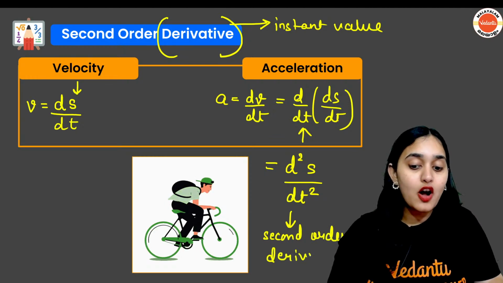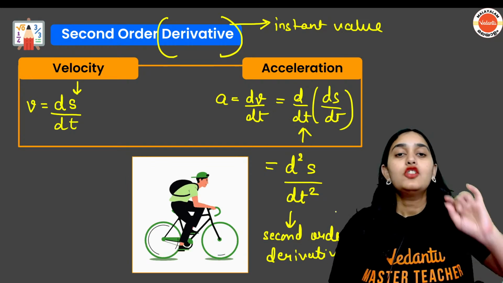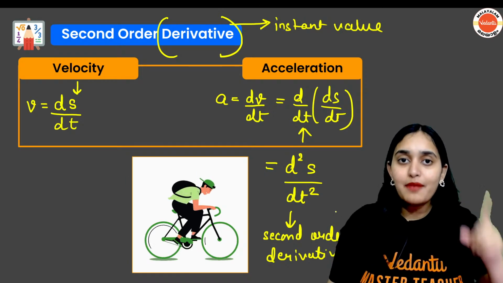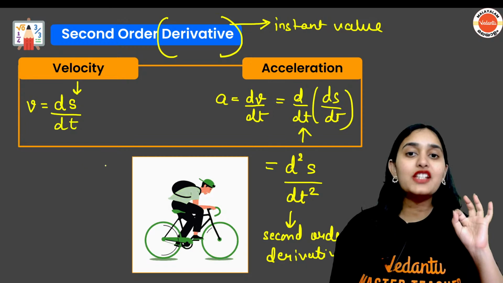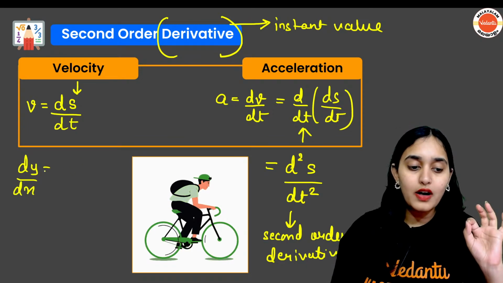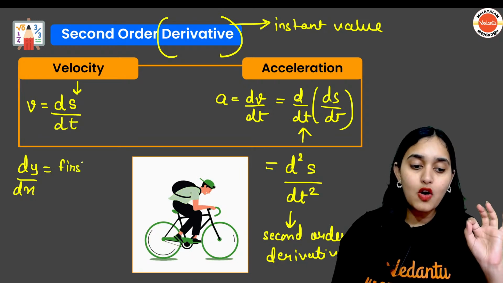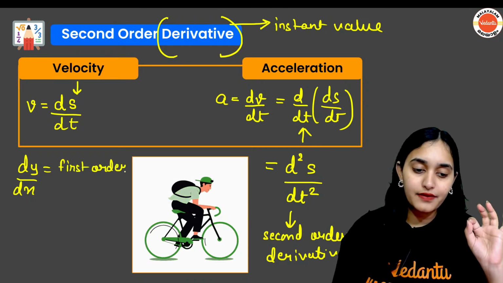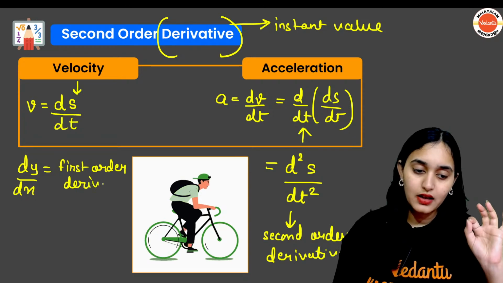So what is a second order derivative? If you differentiate a variable first, it is first order derivative. So dy by dx is called first order derivative, right?